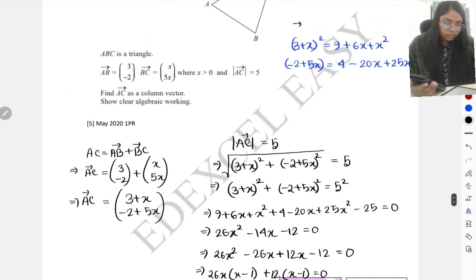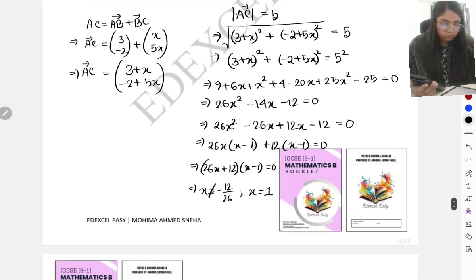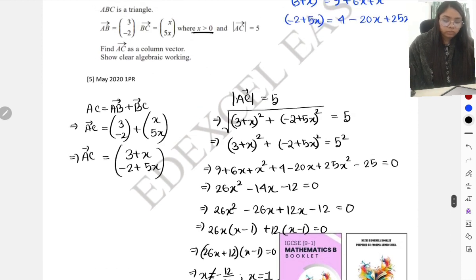At the very start they stated that the value for x is greater than 1, right? So you certainly cannot use this one. We are only going for the value x equals 1, right? So if the value for x equals 1, the final column vector would be 3 plus x, that's going to be 3 plus 1, 4, and minus 2 plus 5 times 1, that's going to be 3.